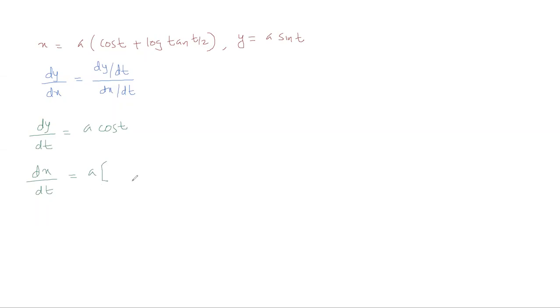Now inside sum of two functions, derivative of a sum is the sum of the derivatives. Cos t का derivative minus sin t plus, सबसे पहले it is log x form. Log x का derivative 1 by x, you have to apply the chain rule. Log x का derivative 1 by x, so it is 1 by tan t by 2.